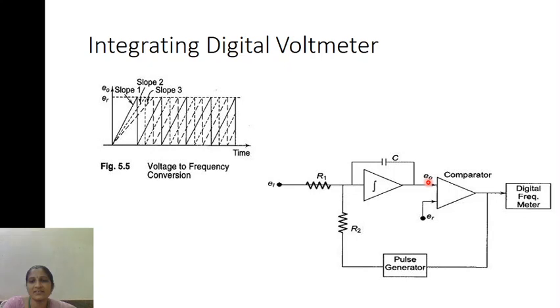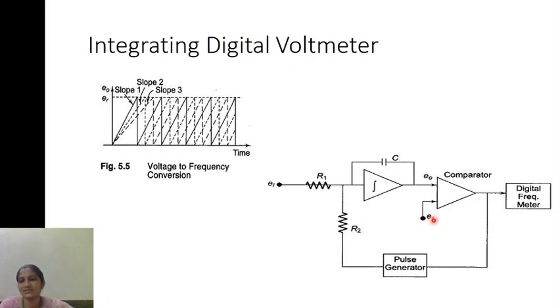When E naught equals the reference voltage, then a signal is produced to display on the digital frequency meter, and this is also fed to the pulse generator so that feedback is given to the integrator, and it goes on integrating. For the present voltage, it continues to add to the output the next voltage. So whatever frequency is produced, that is directly proportional to the input voltage.